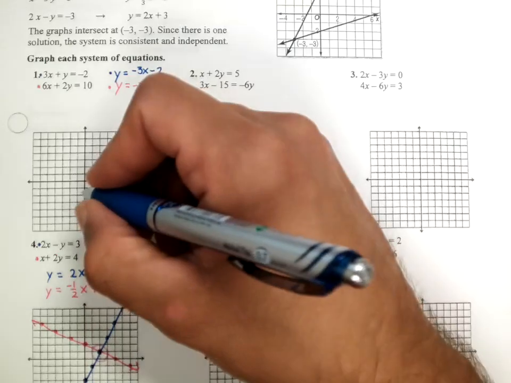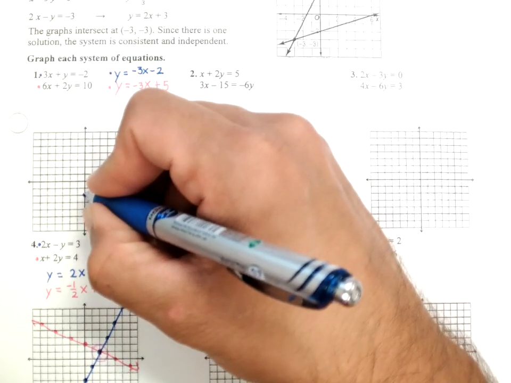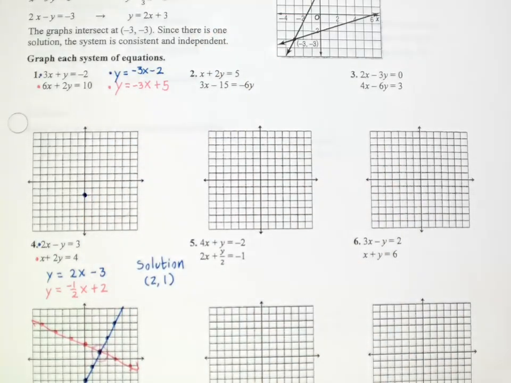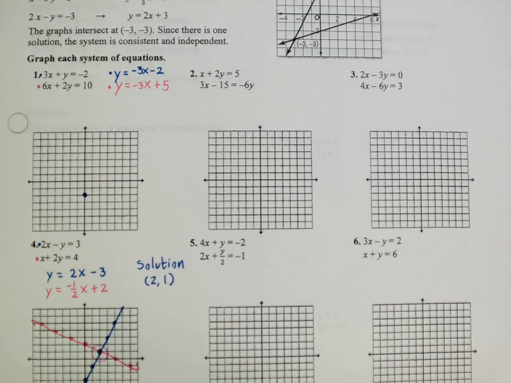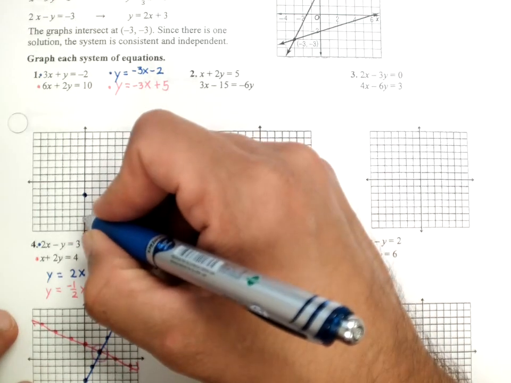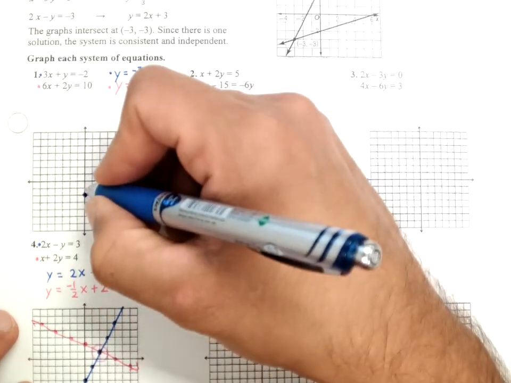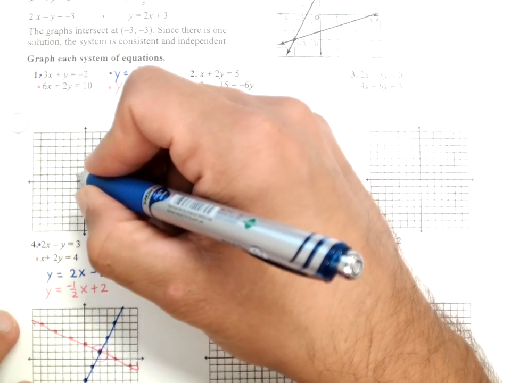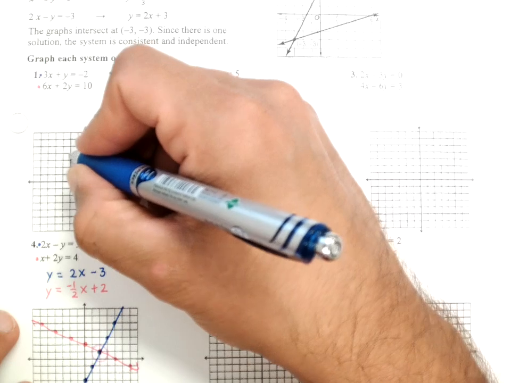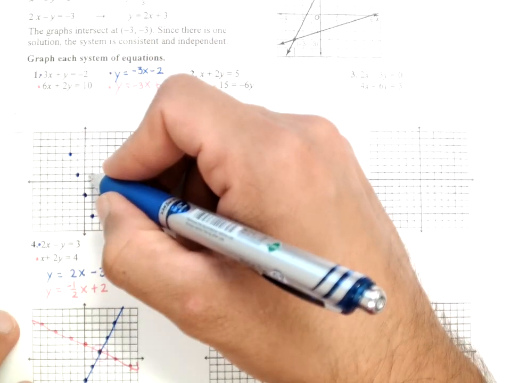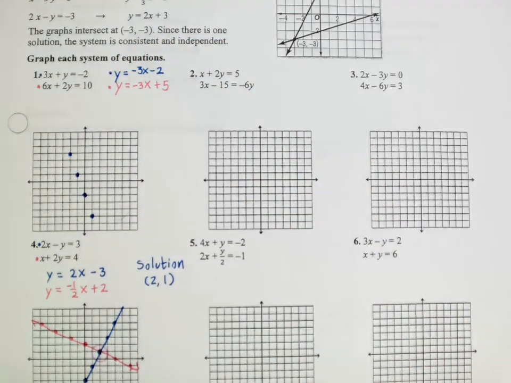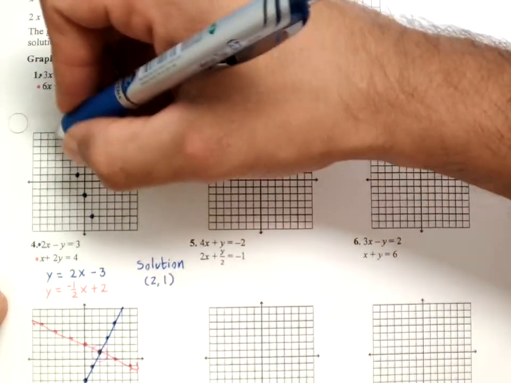Now we're going to graph both of those lines. The y-intercept is negative 2, and the slope is negative 3, so we go down 3 and to the right 1. Or we can go up and then to the left, which also gives a negative slope.